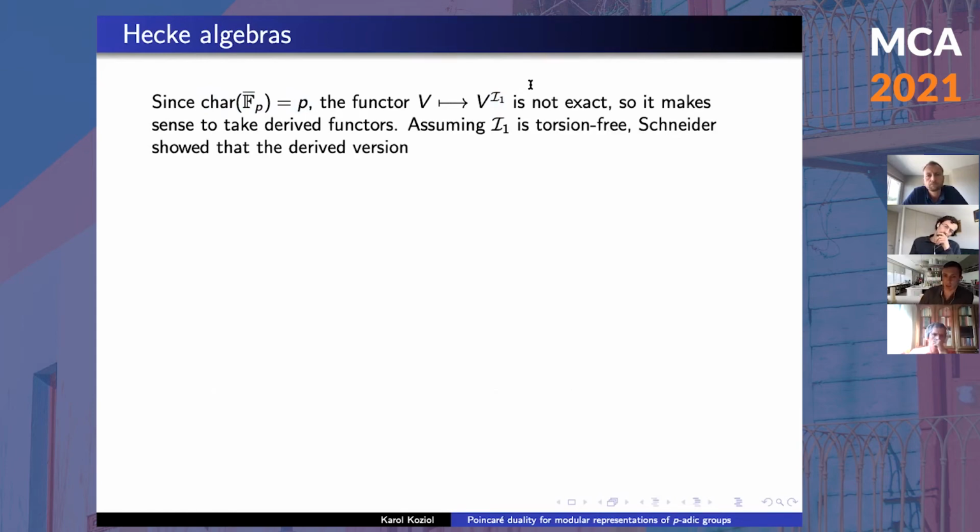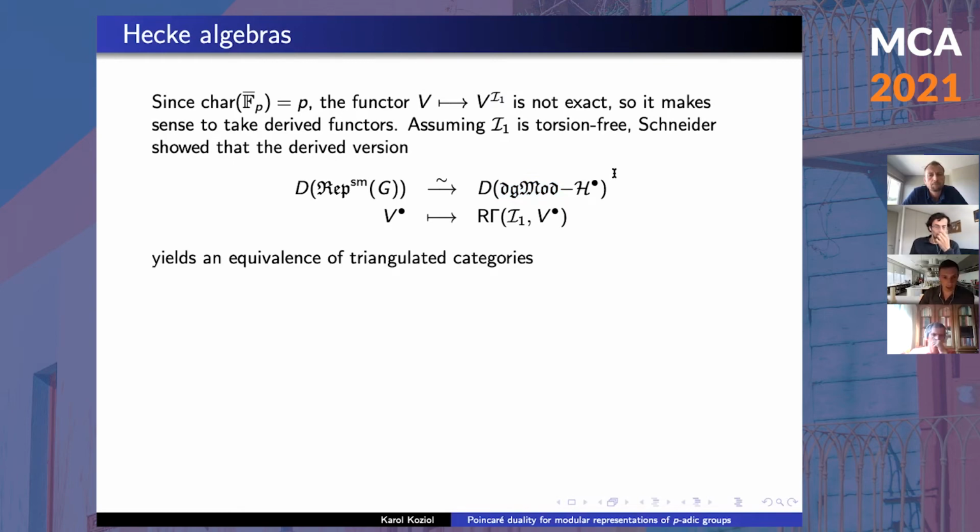And so assuming I1 is torsion free, Schneider showed that the derived version of this situation, which sort of looks as follows, going from the derived category of smooth representations to the derived category of certain modules over a certain algebra H bullet, which I'll describe in a second, actually yields an equivalence of triangulated categories.